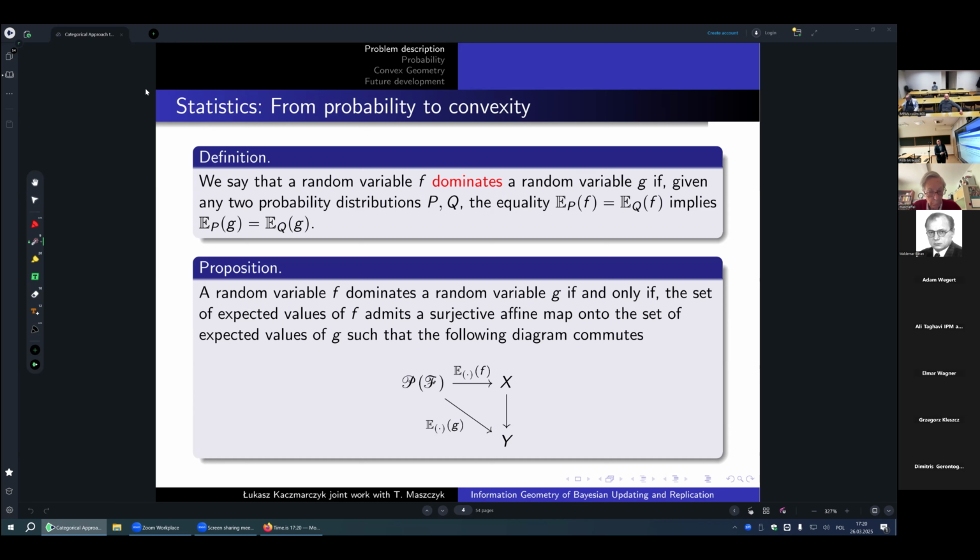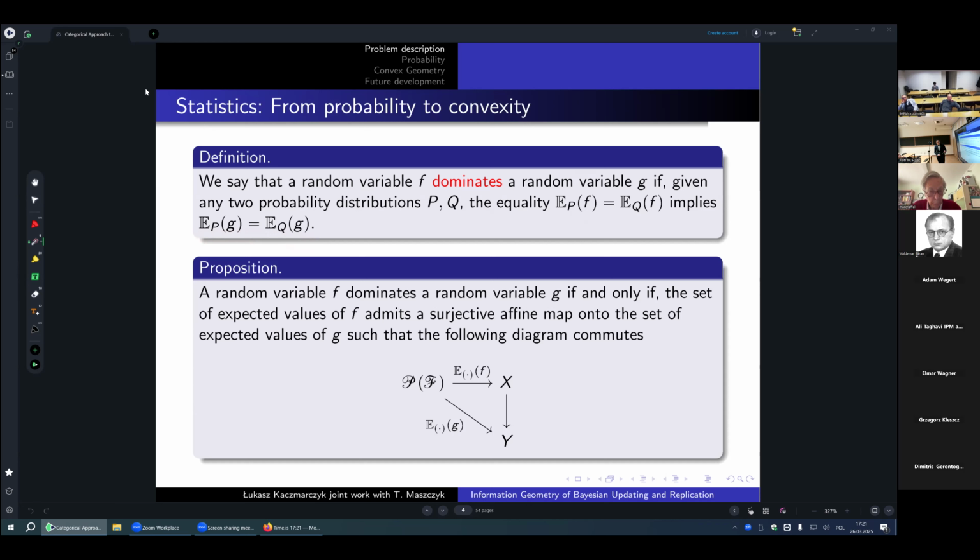given a relation between random variables F and G that we shall call domination. In this context, F dominates G, which is defined by the property that if for two probability distributions P and Q, F has the same expected values, then G also has the same expected values.